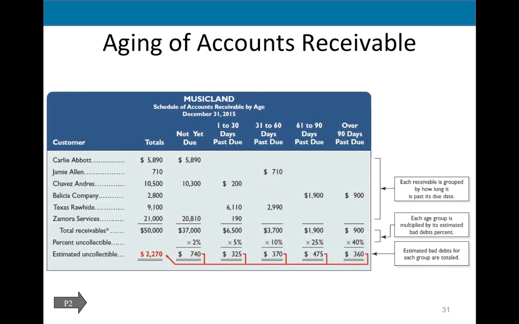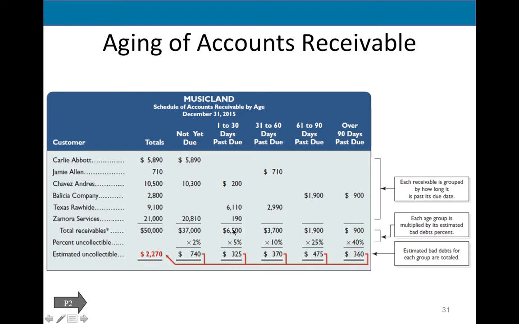So here's an example. These are the totals, right? So total receivables are $50,000. And then they're broken down into 1, 2, 3, 4, 5 groups. Not yet due, 37,000. Historically, what's the percent of receivables that are not due yet that we did not collect in the past? 2%.